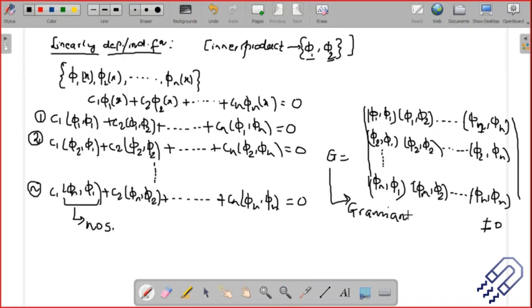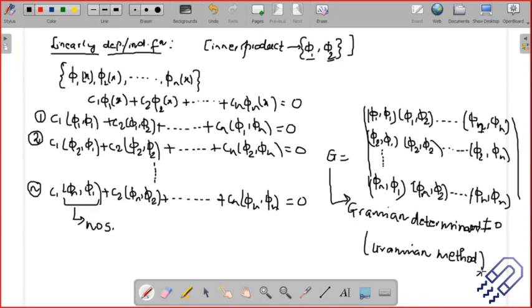So this is another way of showing whether a set of functions is independent or dependent: the Gramian determinant. This is another method which can be used. I'm giving you an example right now. Since we talked about independent and dependent functions, you can also use the Gramian method to do the same.